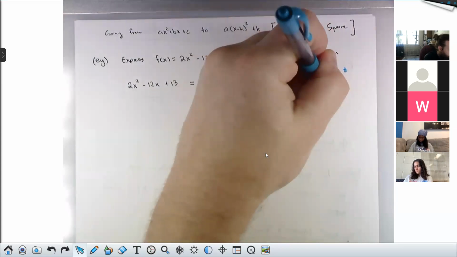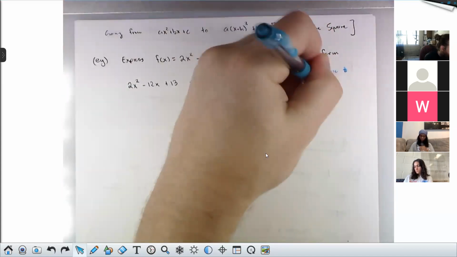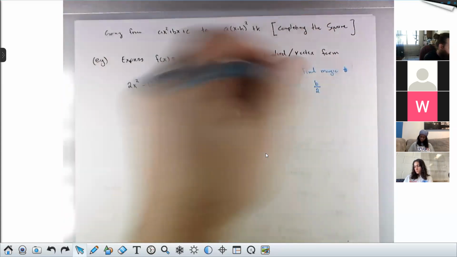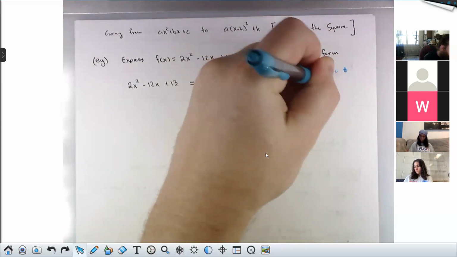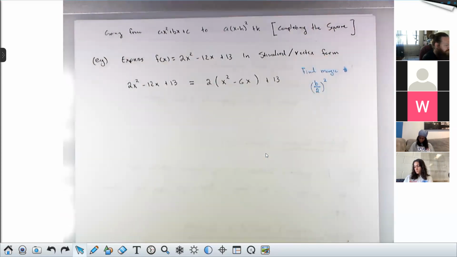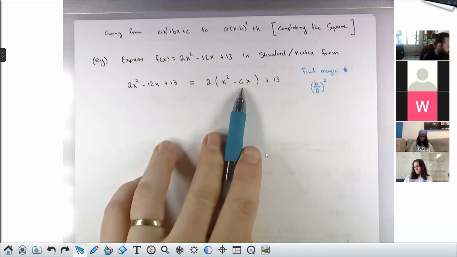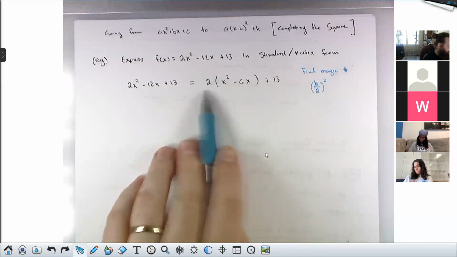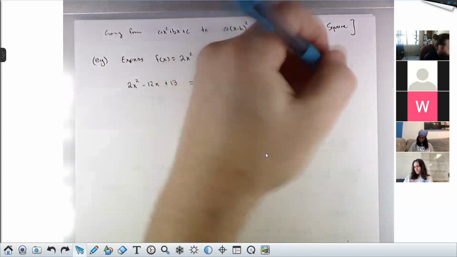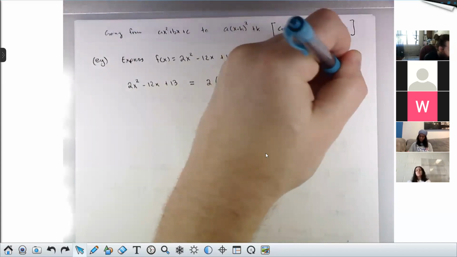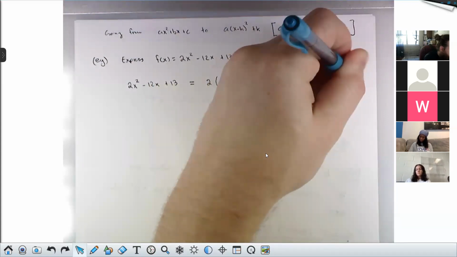So that's the general way to do this. You're going to take b over 2 and square it at this step, which is really b over 2a, but I read it like this because you've already factored out the a. So what is b here, your linear term, after you factor this out? That's -6 over 2 all squared.